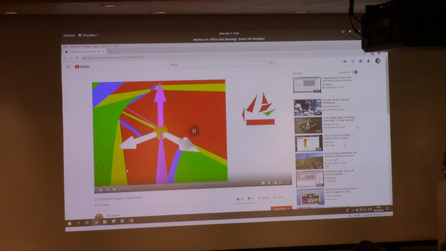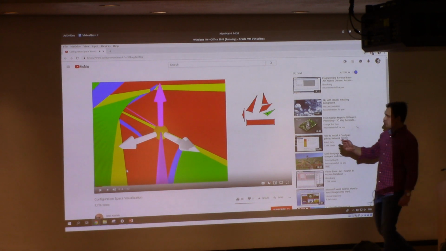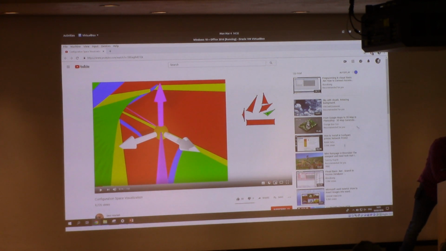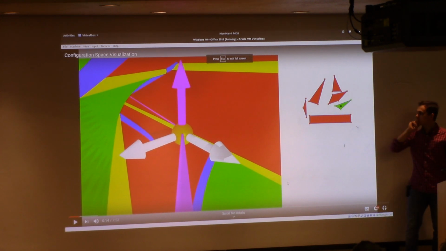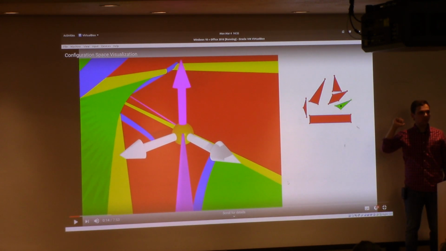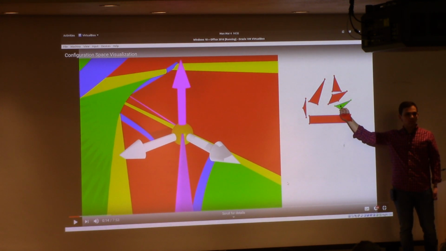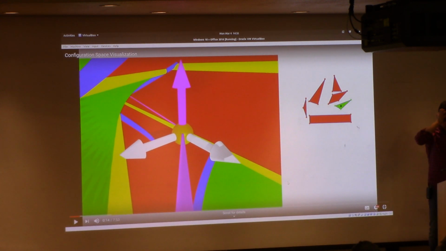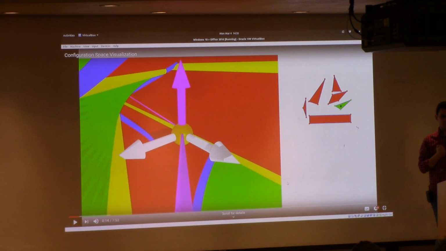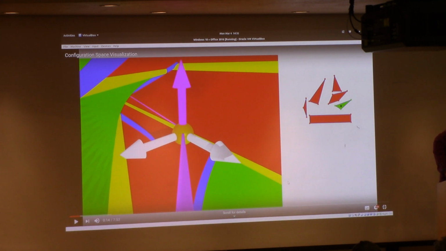So here we have a nice visualization for a specific robot. This is the green triangle here. The difference from all the examples that I showed you so far is that we also allow this triangle to rotate in addition to translate. So the configuration space of this problem is already three-dimensional, right? Okay.